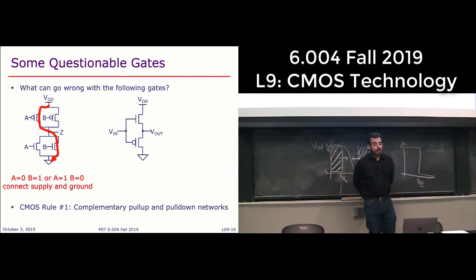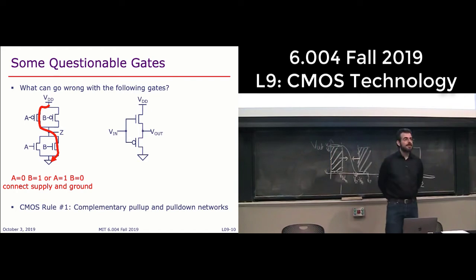Okay, if we go and label the terminals again, where are the source and drain for these transistors? Remember, for an NFET, the source is the terminal at the lower voltage, right? So is it this? It's this. The source is this terminal over here, and likewise for the PFET, the source is this terminal over here.